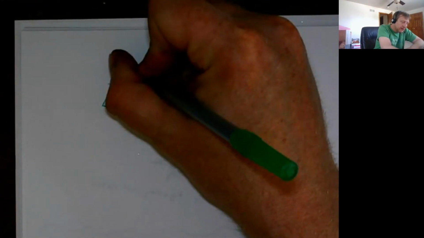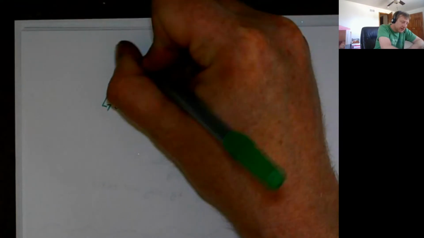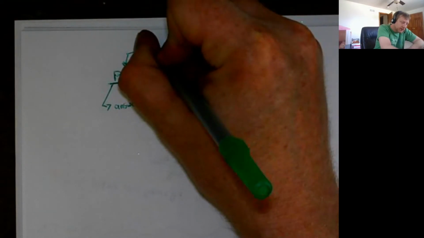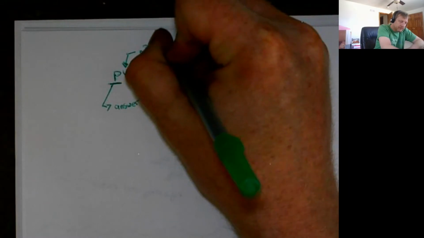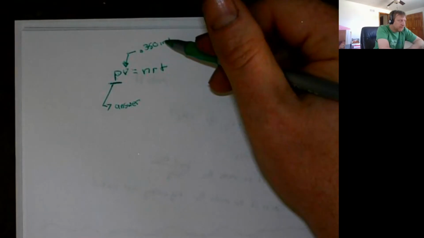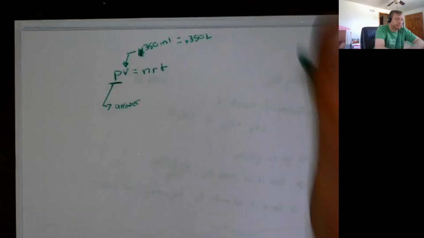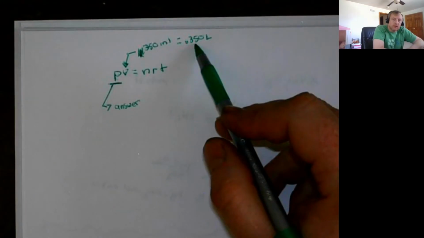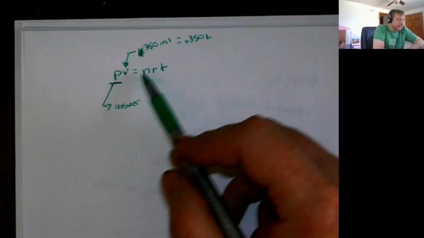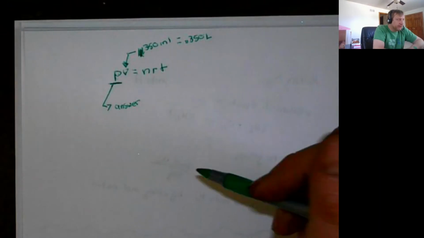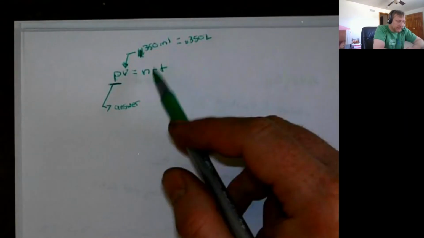And we know that these gas collection jars, you're told in the lab, since we weren't able to actually measure them, are not 0.350 milliliters, 350 milliliters or 0.350 liters. And I suppose I shouldn't have done that conversion for you, but oh well, I did.